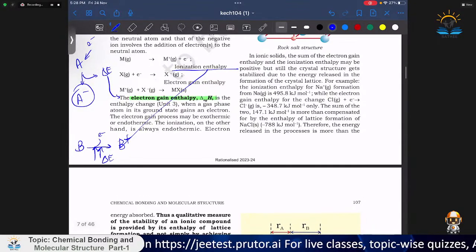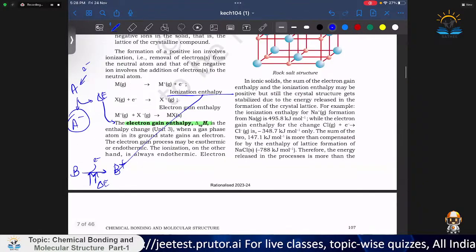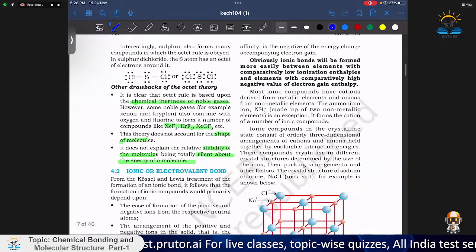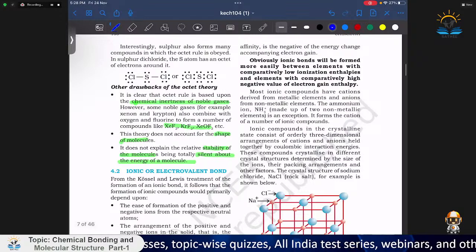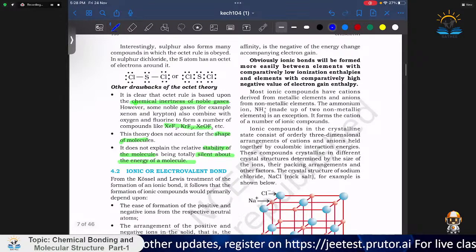Let's move ahead. Ionic bonds will be formed more easily between elements with comparatively low ionic bonds.